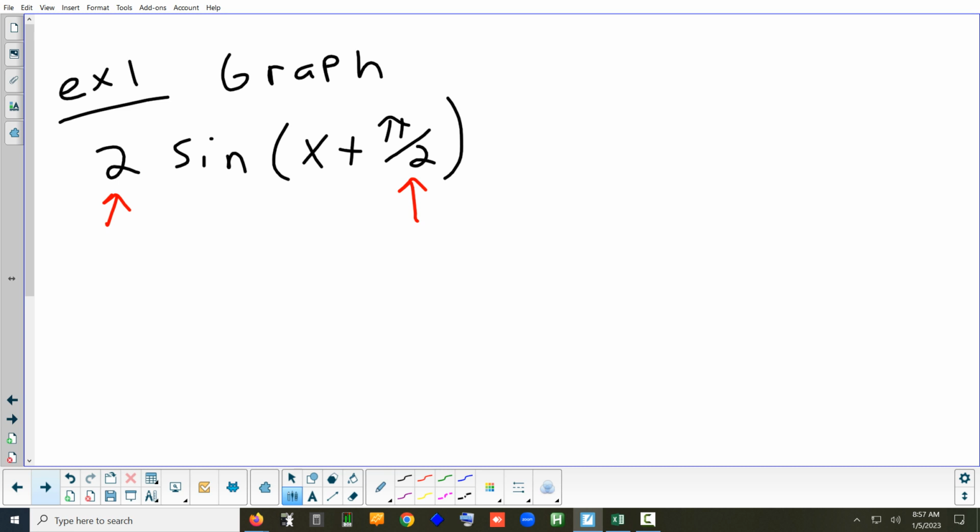Alexis, what's the addition inside the parentheses? What kind of transformation is that? So horizontal shift. Yep, that's our horizontal shift.